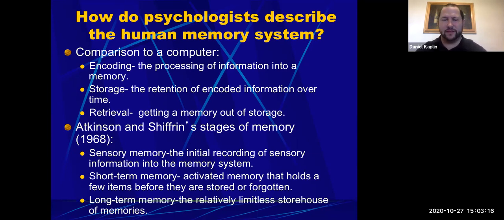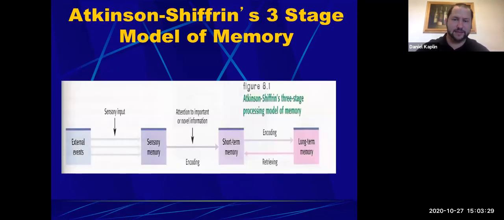Now, I talked to you about the sensory register. Sensory memory is your initial sensory information on memory. Short-term memory is limited in time and capacity. Long-term memory is limitless. So here is a graphic of the Atkinson model of memory. You have a sensory input from the environment. I talked to you about a balloon popping.